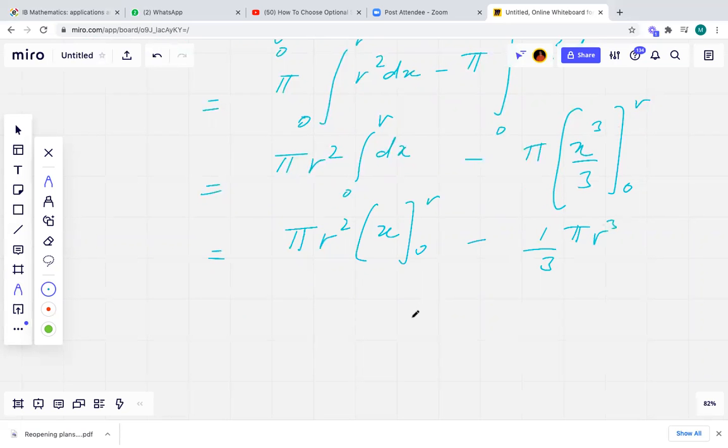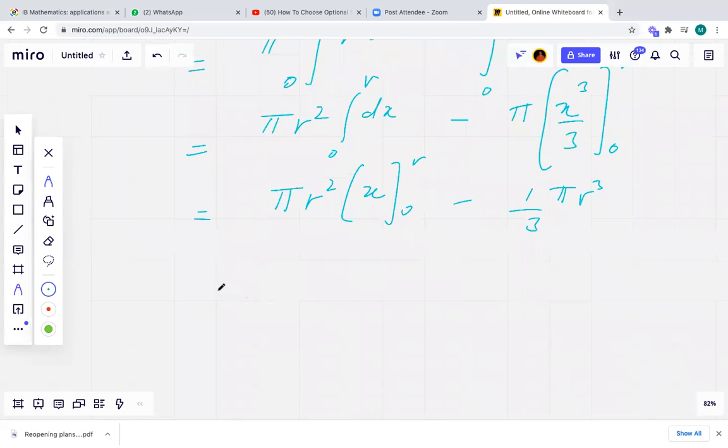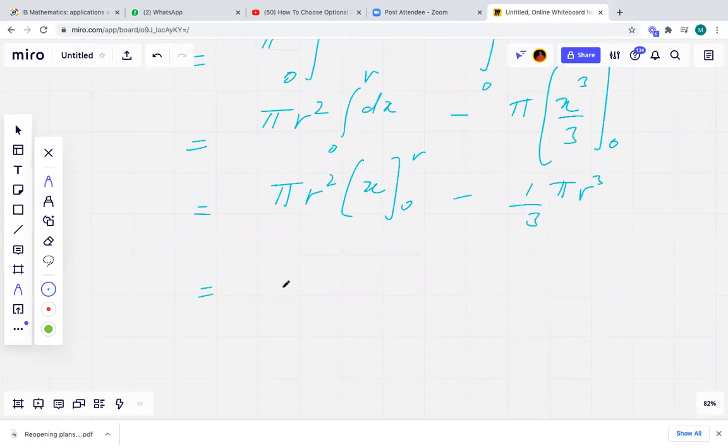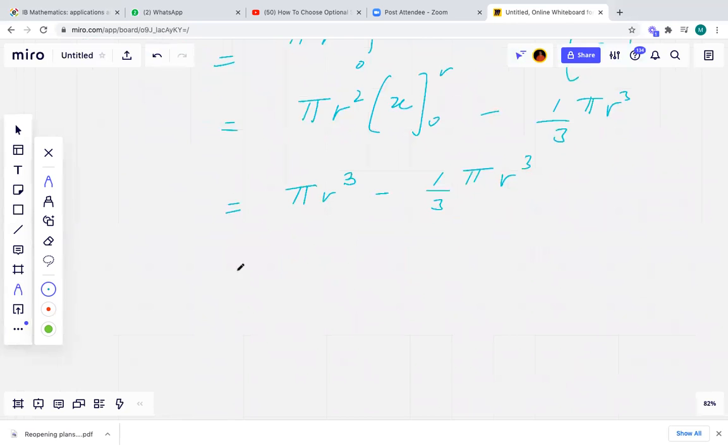That's equal to, I'll put x equal to r, so pi r cube minus 1 upon 3 pi r cube. That's equal to 2 pi upon 3 r cube.